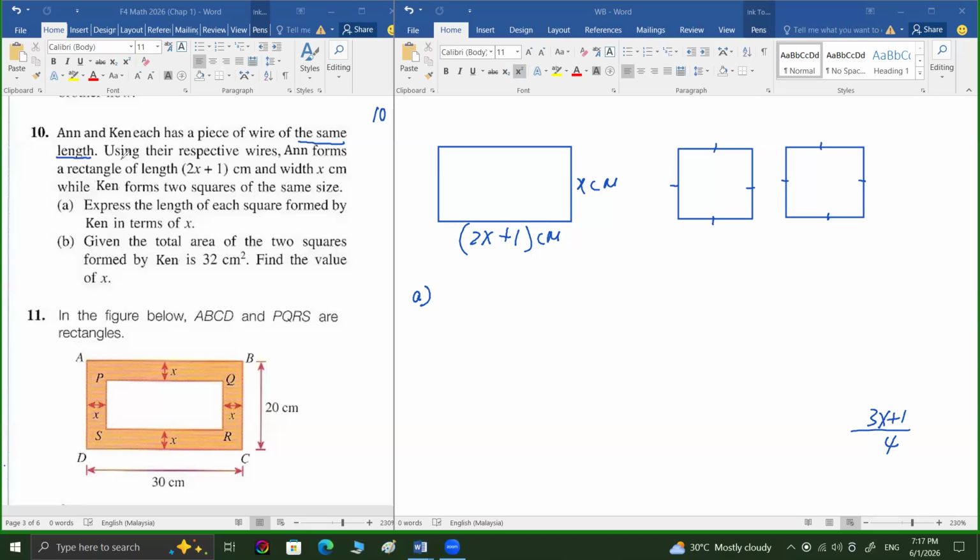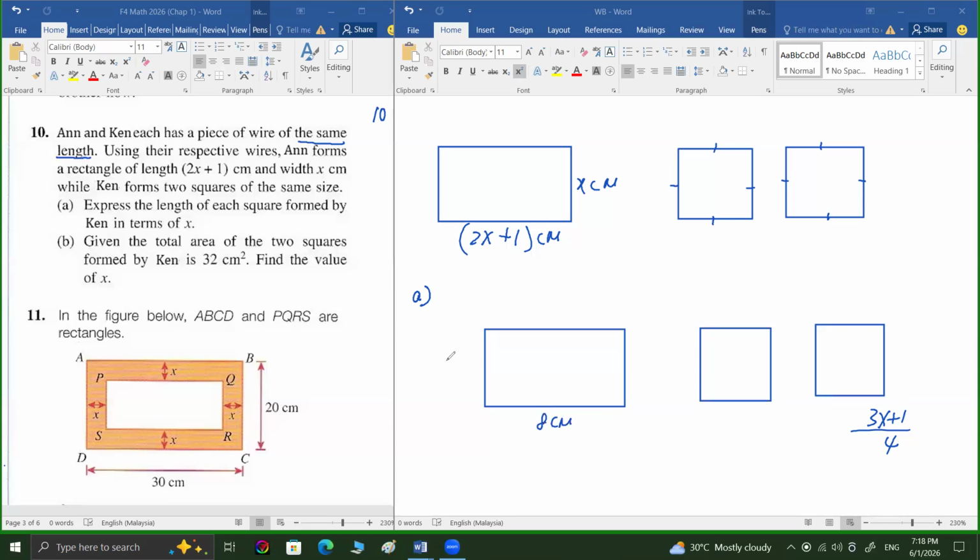Okay, class, I ask you one question. Sometimes maybe you're confused with these questions. So if I change it like this, let's say you have this length of wire. For example, the wire is here, maybe 8 cm. Okay, let's say 8 cm. Here, 4 cm. What is the length of wire, is it 24? 24, right?